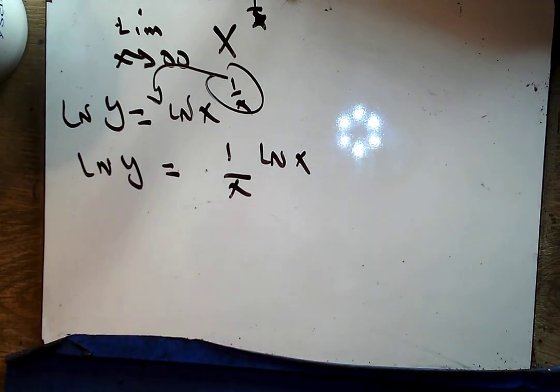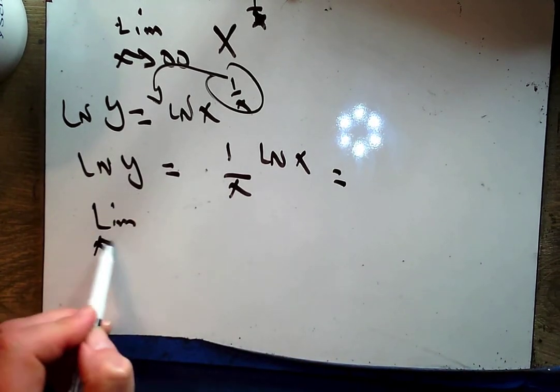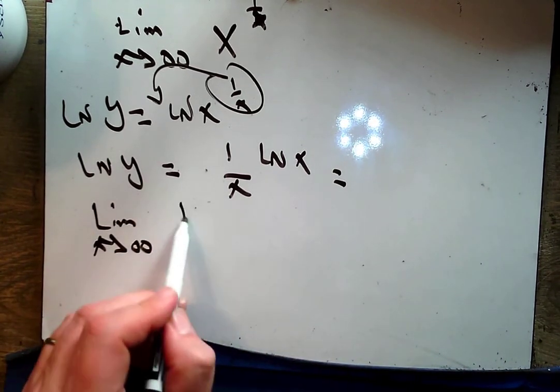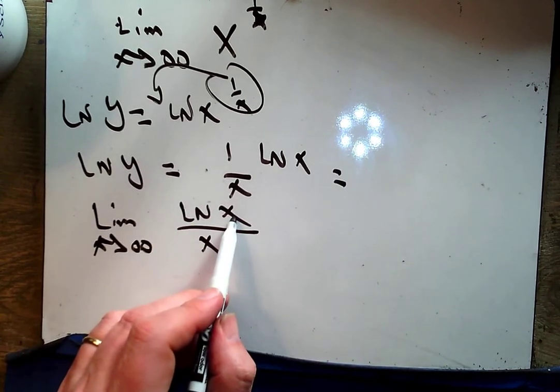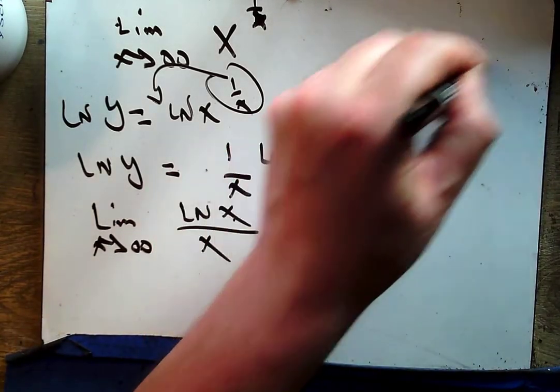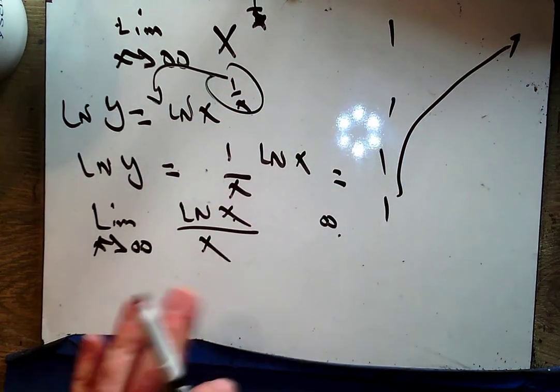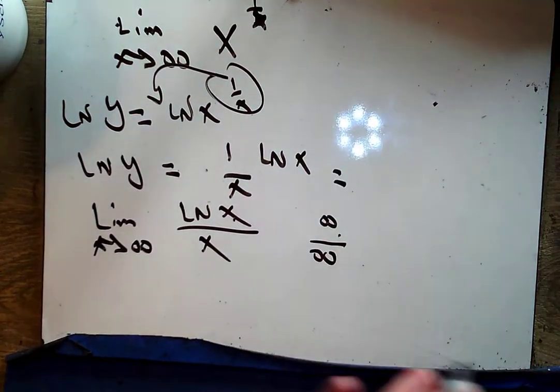Okay, so yeah, and you might even want to think about that then as the limit as x heads to infinity of ln of x over x. Well, when I plug in an infinity here, I know that's headed up forever, right? And what's happening here? Yep, also infinity. So that's good.